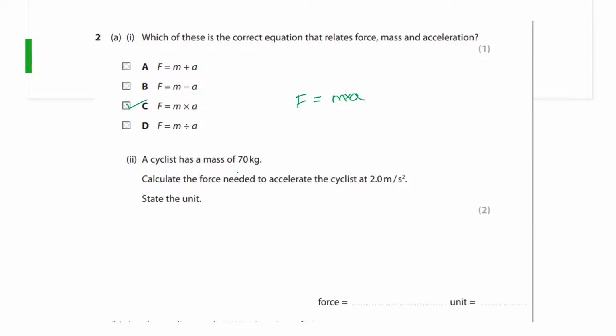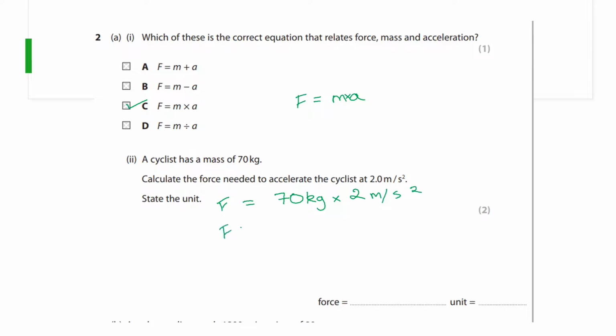A cyclist has a mass of 70 kilograms. Calculate the force needed to accelerate the cyclist at 2 meters a second squared. State the unit. So we're going to straight away use F equals ma. F is force, m is mass, so 70 kilograms, which is already in the units that we want, and we've got acceleration 2 meters per second squared.